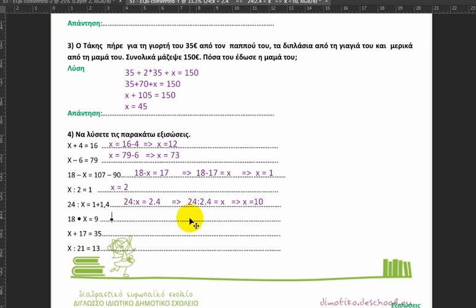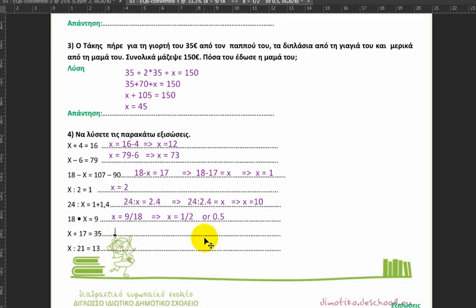18x equals 9. So that means that x must equal 9 over 18, which means, well, you can just leave it like that, but it is preferable if you write it as either 1/2 or 0.5.